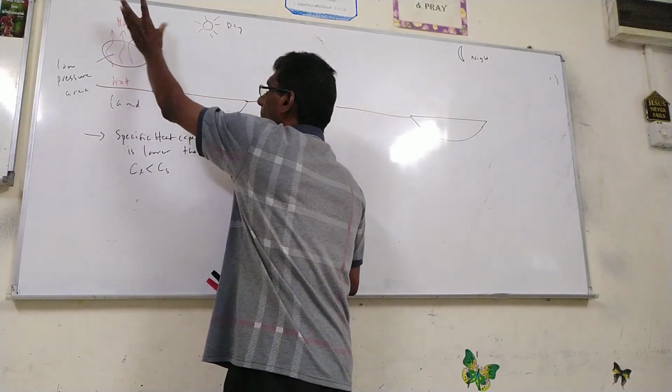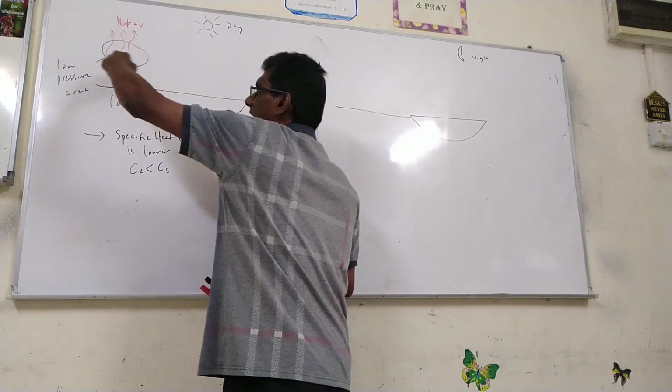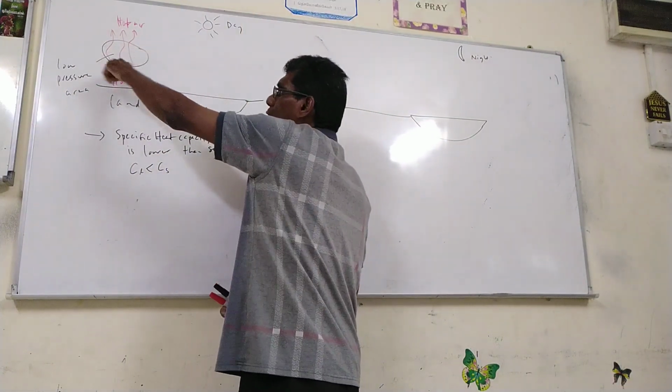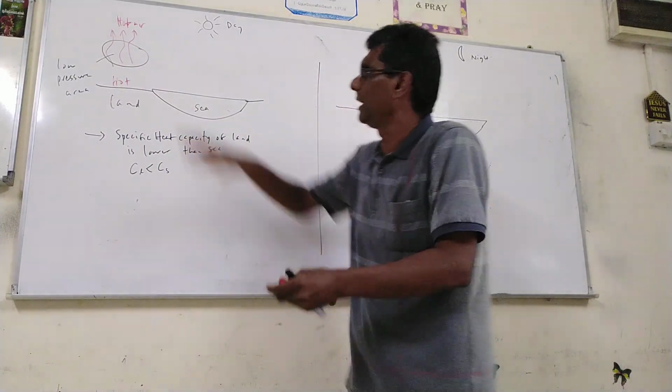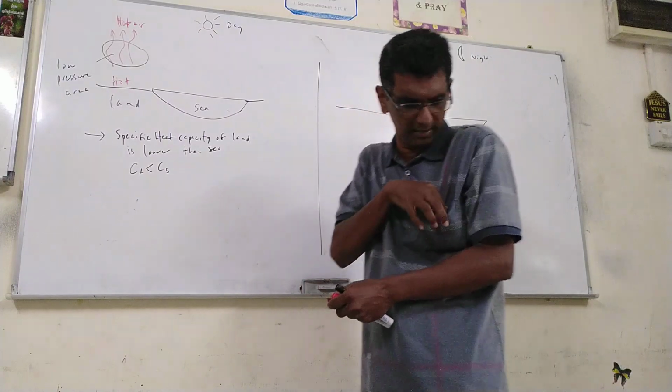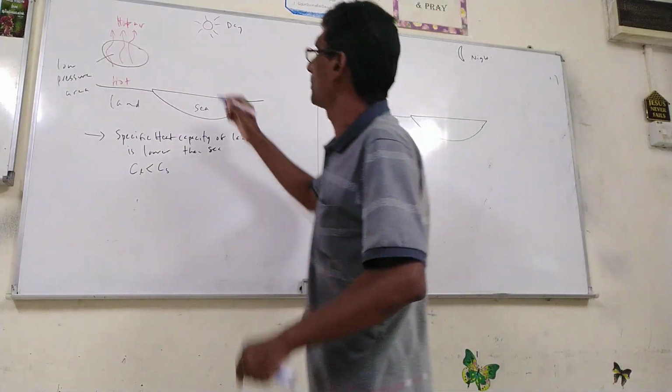Hot air rises up, creating a low pressure area. Air has gone up, so there is less air here: a low pressure area. And this is the high pressure area.